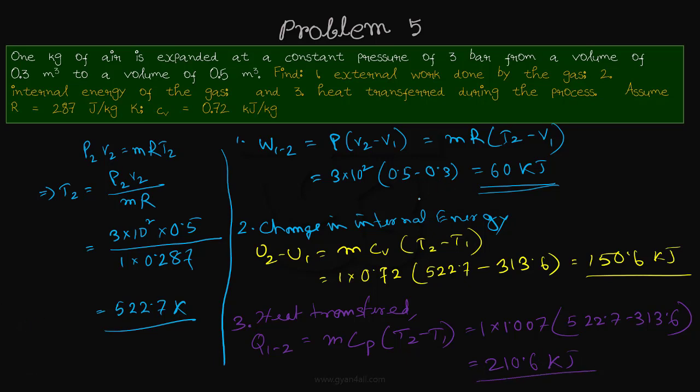So in this whole calculation, you can see the change in internal energy, that we also can say dU, and the work done is delta W, and the amount of heat transfer is delta Q. So the first law of thermodynamics is delta Q equal to dU plus delta W. If we put in, delta Q equal to 210.6 is equal to dU, which is 150.6, plus dW, which is 60.